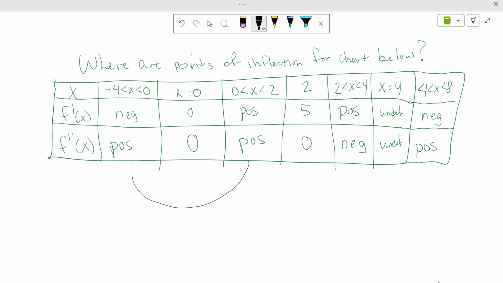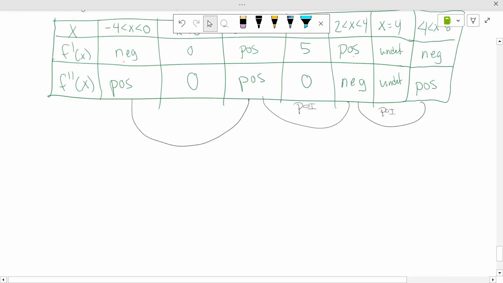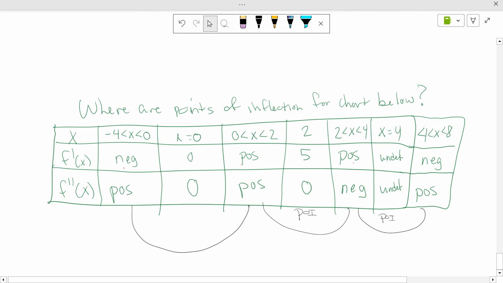If it goes from positive to negative, then this is a point of inflection. And if it goes from negative to positive, this is a point of inflection, even though it's undefined. That's a little tricky, so that's why I made sure that one was on there. Hey, that's it.